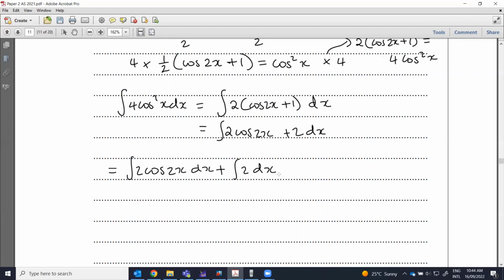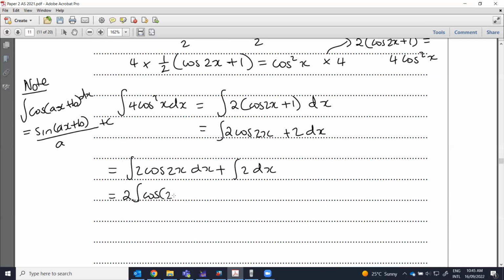Okay, now another thing to take note of is that if you're integrating cos of ax plus b, so this is a linear term, the answer is just sine of ax plus b, then you divide by the coefficient of x, and then you add your constant of integration. So here, this 2 can go outside. So I have 2 times the integral of cos 2x dx plus the integral of 2 dx.